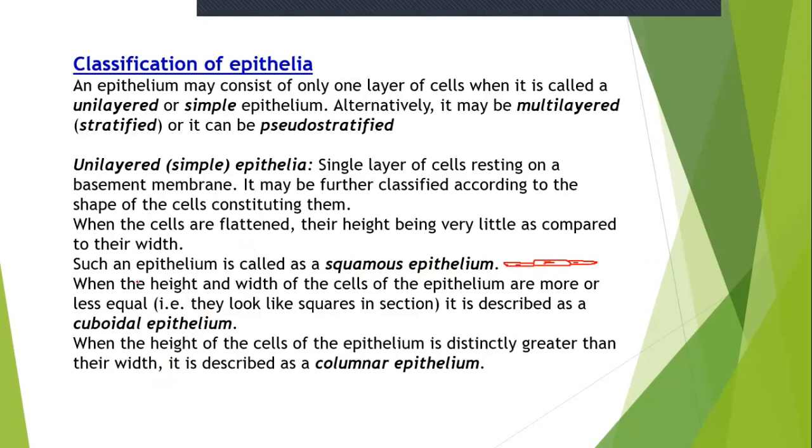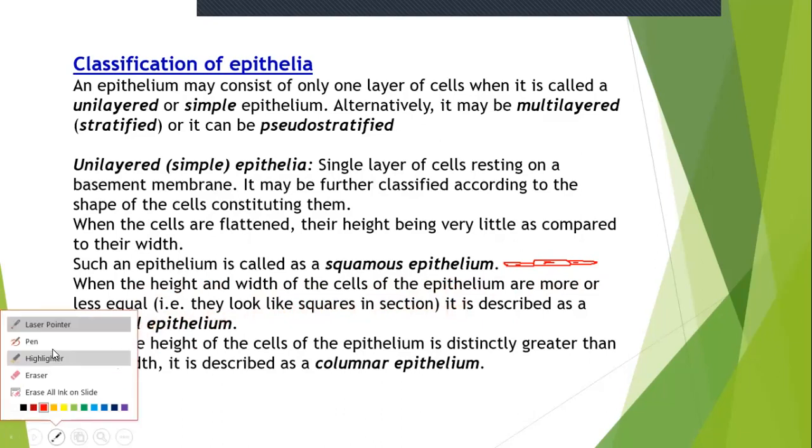Then others, when the height and the width of the cells of the epithelium are more or less equal, i.e. they look like squares in cross-section, they are described as cuboidal epithelium. Cuboidal epithelium will look like this.